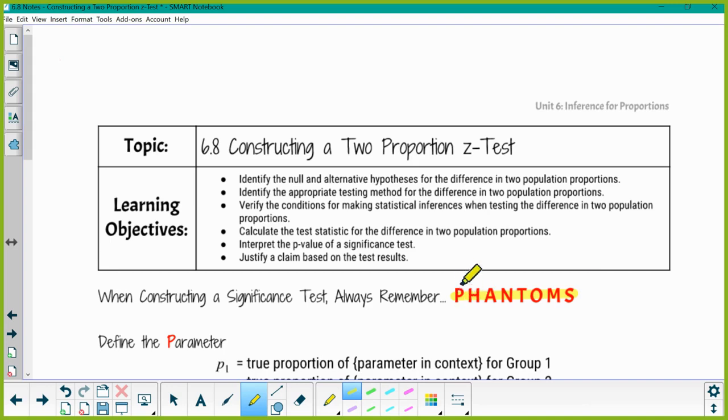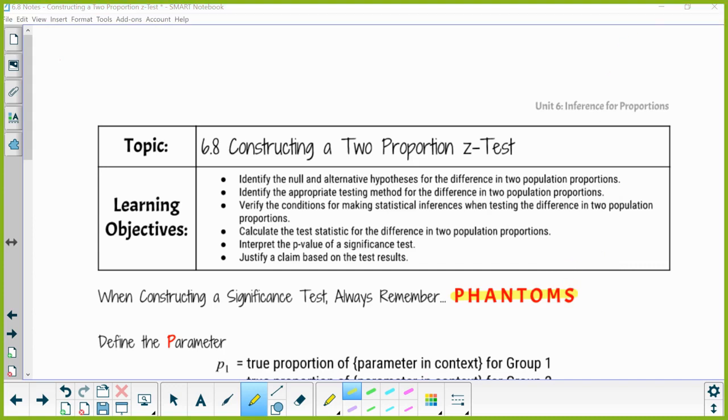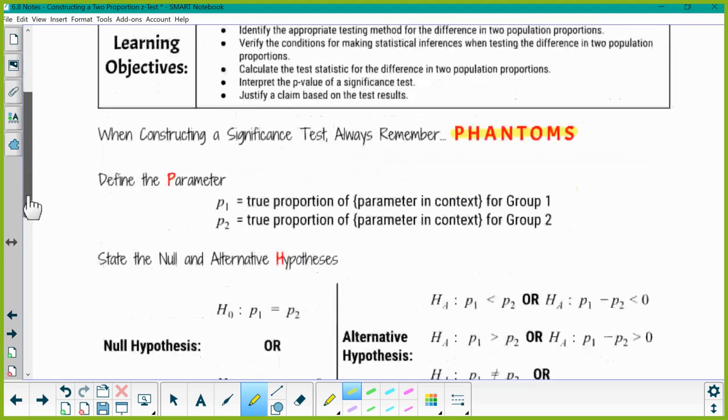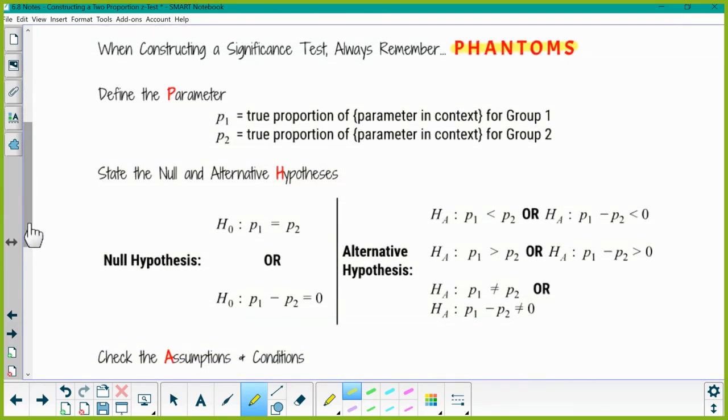We have defining the parameter, writing your hypotheses, checking your assumptions, naming the test, getting your test statistic, which is our z-score, obtaining a p-value, and then making a decision and stating your conclusion. All of the steps will be the same as our one proportion z-test, just slightly different because, again, we do have two samples. So we will start with defining the parameter.